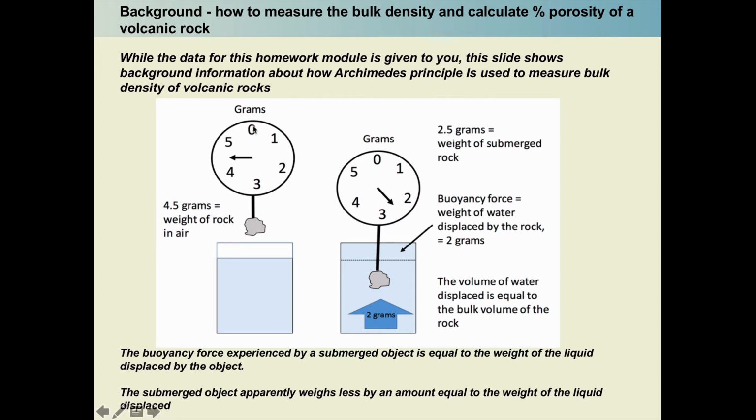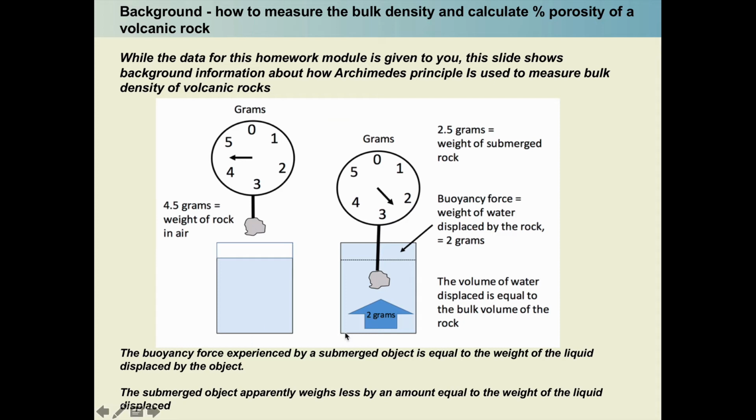If you keep your rock attached to the scale, but you submerge it in water, you have a buoyancy force, right? So you have a force of the rock pulling down due to gravity, but you also have a resistance force, which is the resistance of the fluid up onto that rock, which is a buoyancy force. So the buoyancy force is equal to the weight of the water displaced by the rock.